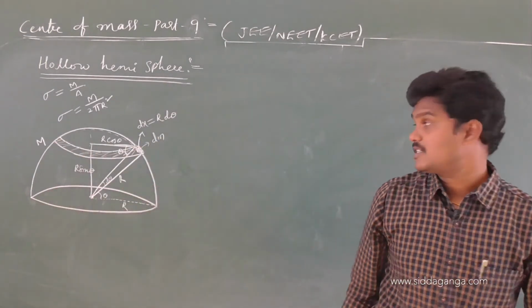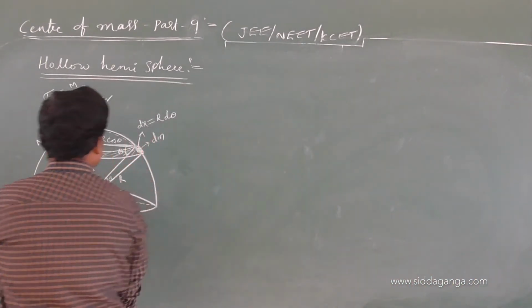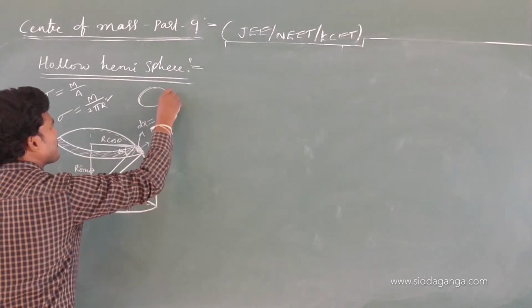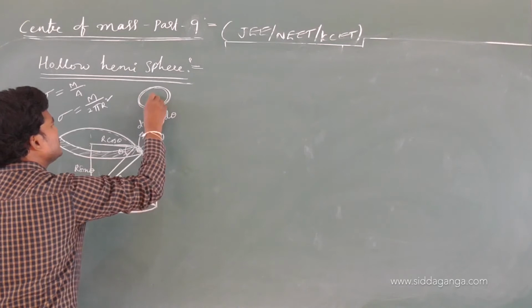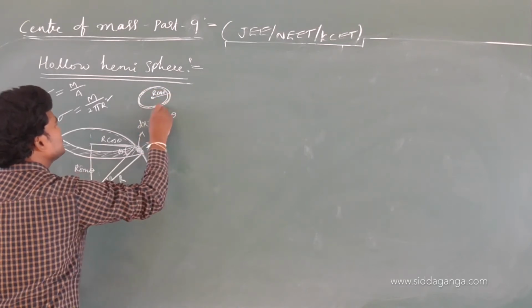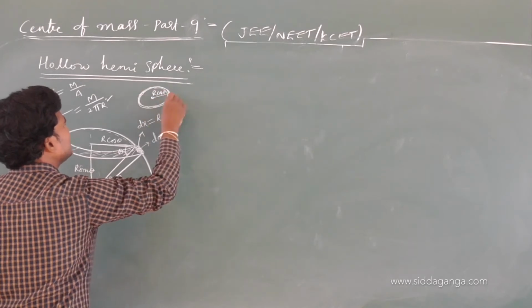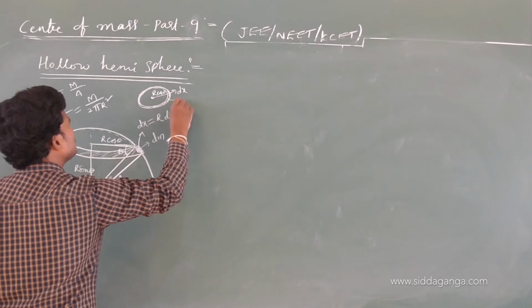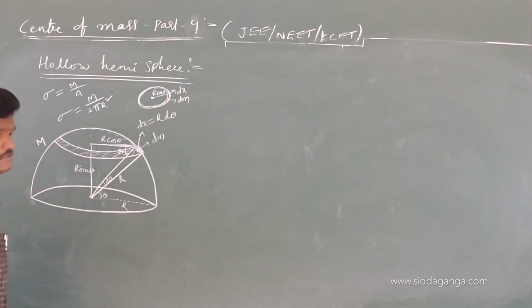So the top view looks like what? A circle whose radius is how much? R cos theta. And thickness of this circle how much? R d theta, because dx is nothing but r d theta. Mass is how much? dm. Is it visible? Yeah.